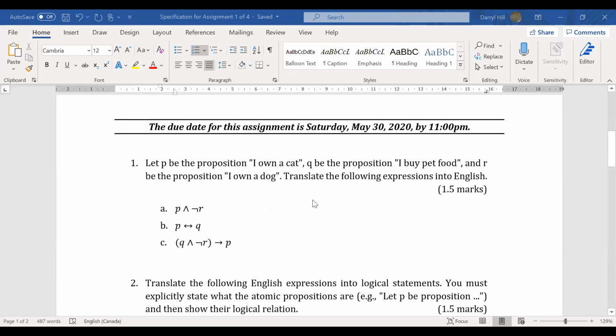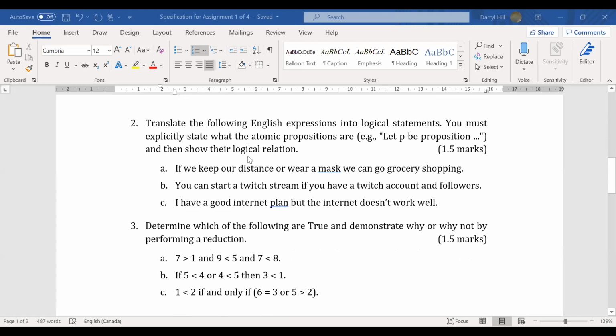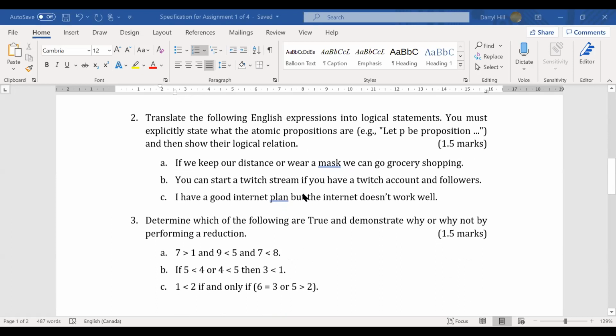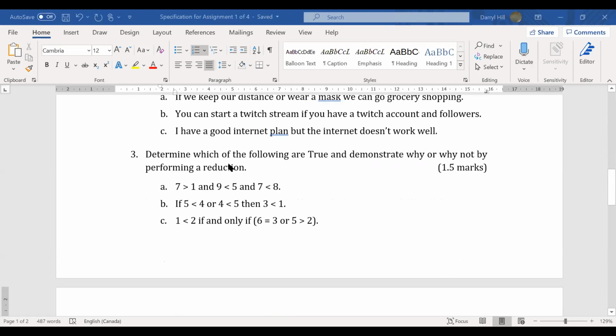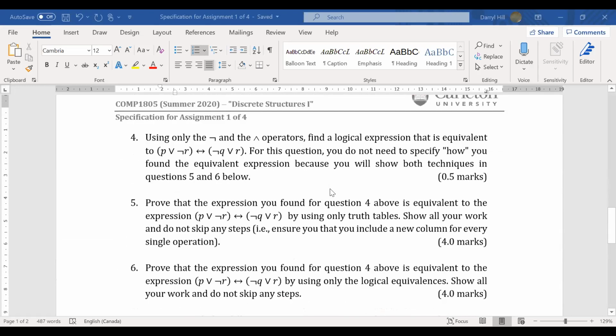So this is the assignment. It's propositional logic, and the first question will be translating into English. And here we'll be translating from English into logic statements. That's question 2. Question 3 is simply reducing these logical expressions and evaluating if they are true or false.